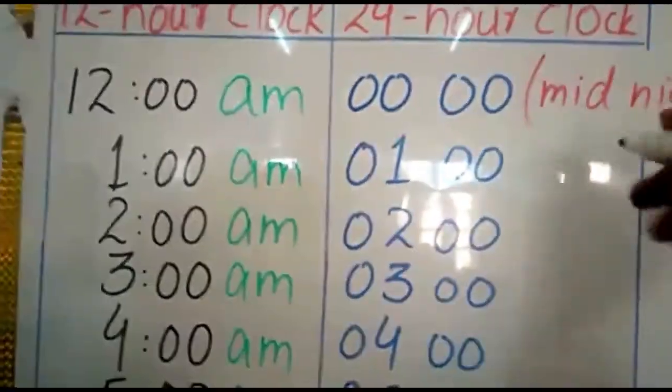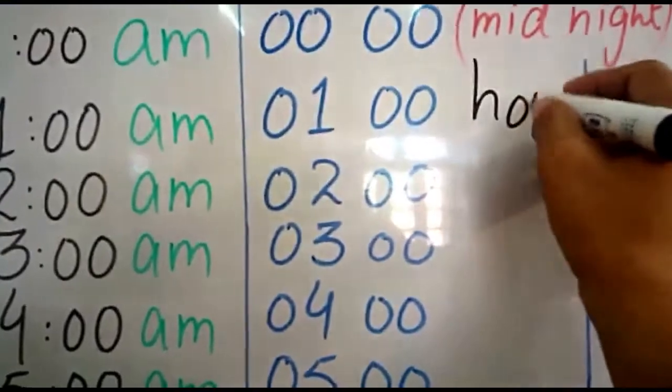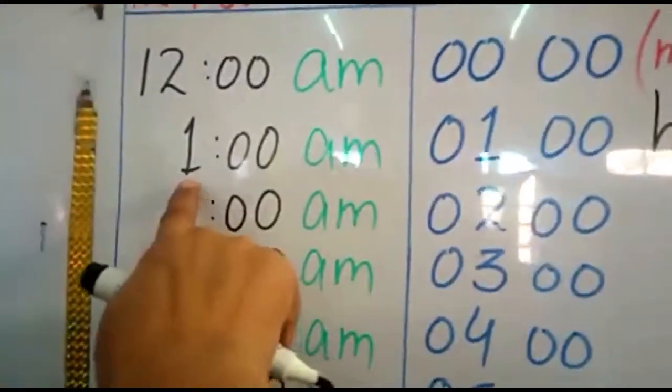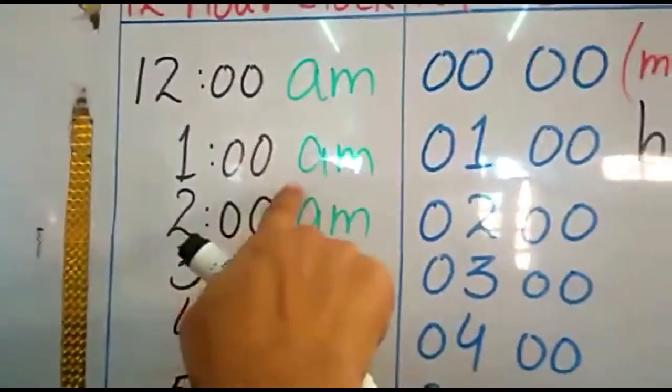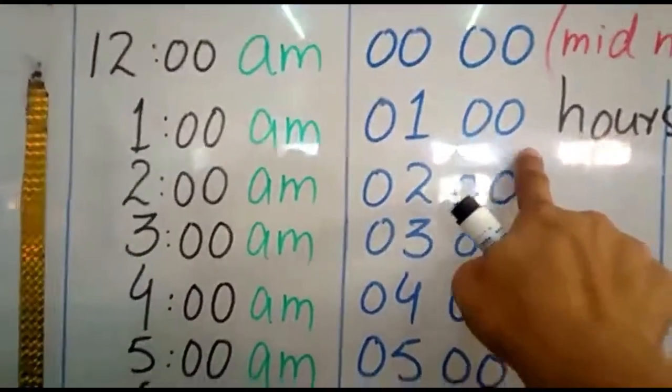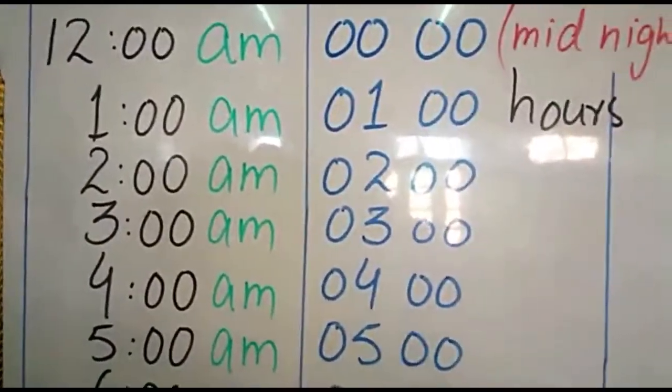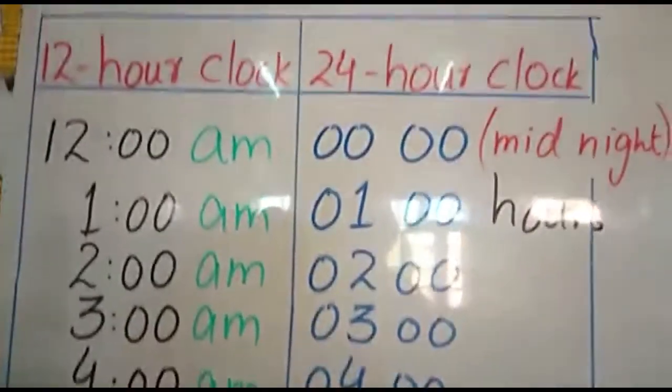We will read them as hours. Then after midnight, 1 a.m. is 1 hours, 2 a.m. is 2 hours. There is no need to write a.m. or p.m. in the 24-hour clock.